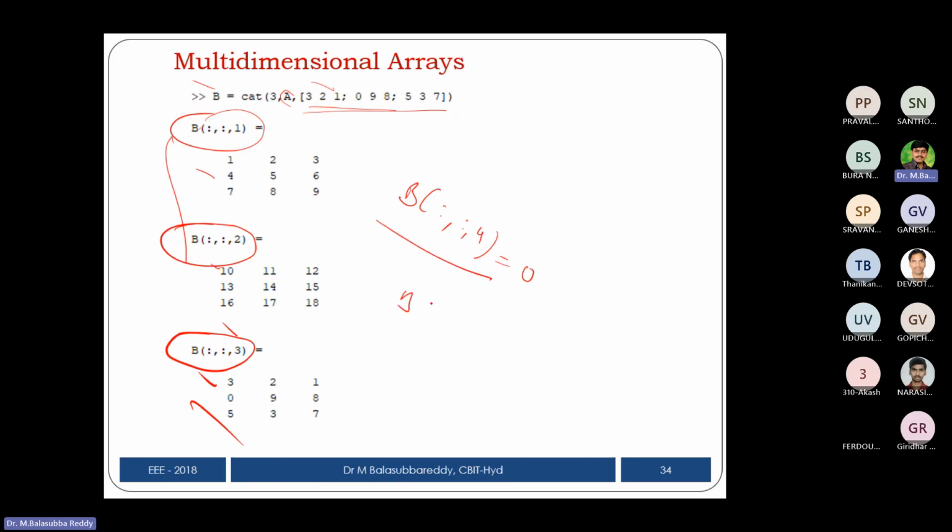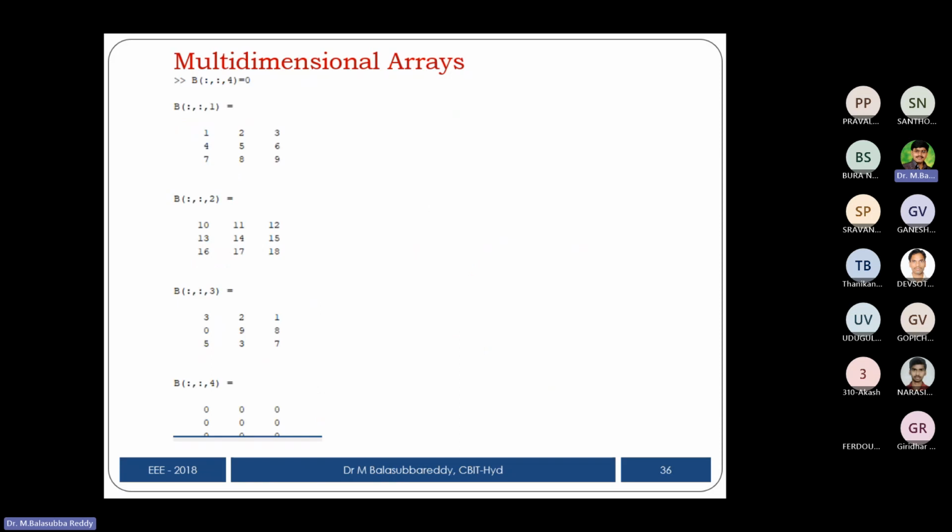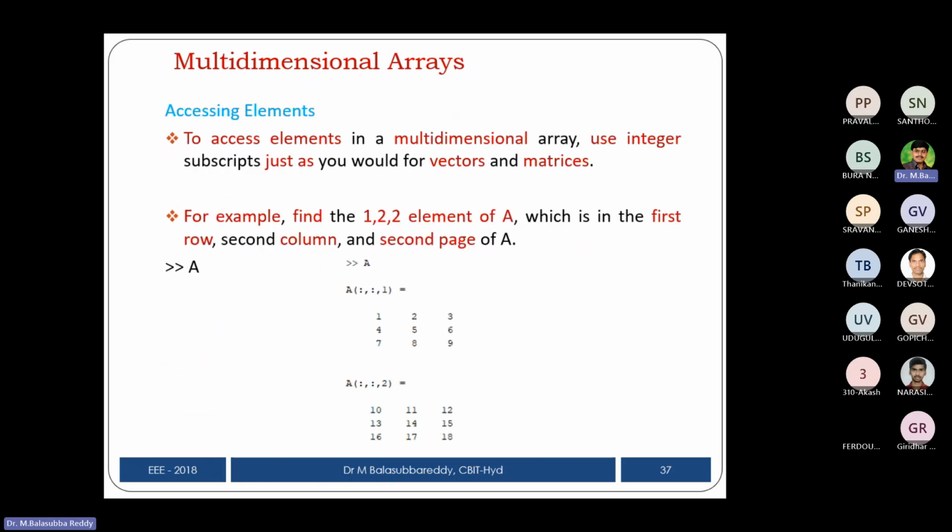The results will give all rows, all columns of fourth equal to 0, 0, 0. Like this, you get all zeros. Now you can see for the fourth one we got all zeros. The first, second and third will display as such, and since we assigned 0 to the fourth, it replaces it with zeros. Then accessing is again the same as the two-dimensional array, no different.